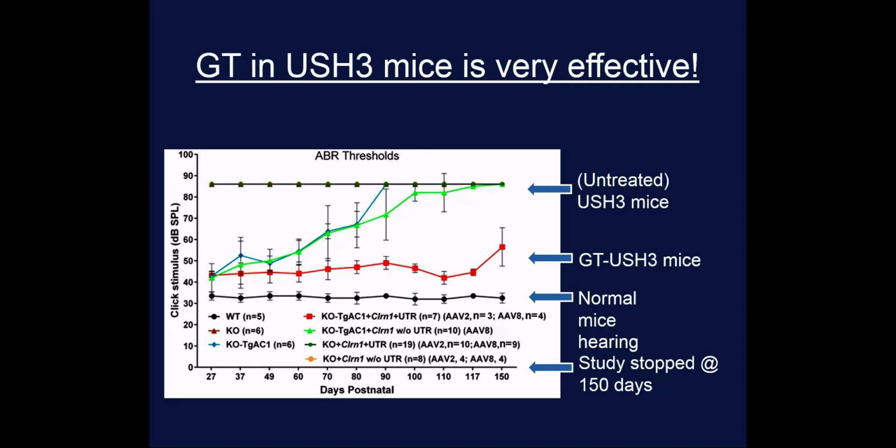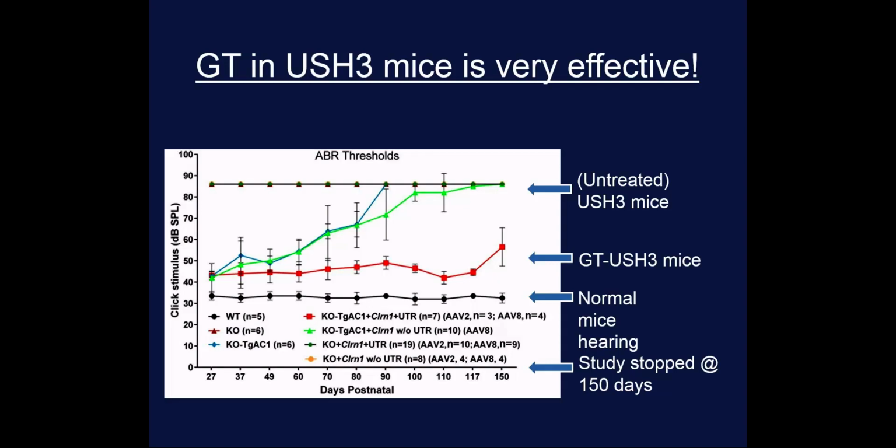The black line in this graph represents the hearing of normal mice, which are not treated with anything. And these mice can hear at about 35 dB, and the hearing is sustained. The x-axis shows the days from day 27 to day 150 when the study was stopped.